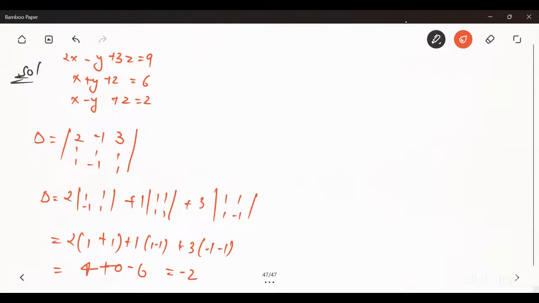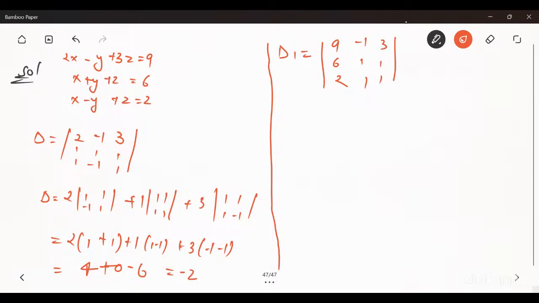Now delta 1. Delta 1 will be the RHS values 9, 6, 2 taken in column C1. So delta 1 equals 9 6 2, minus 1 1 1, 3 1 1.